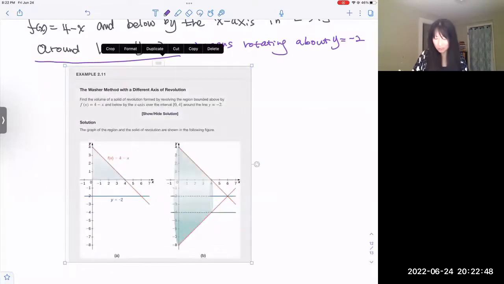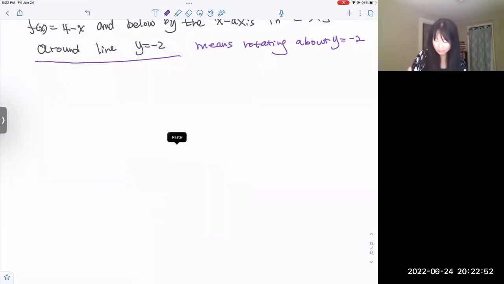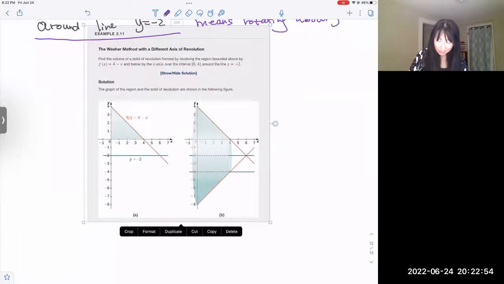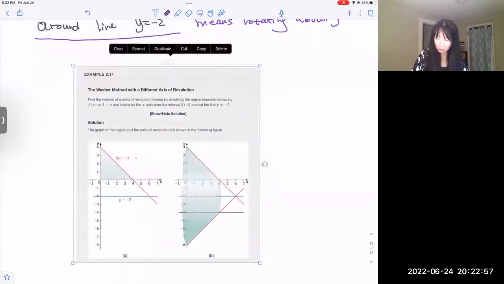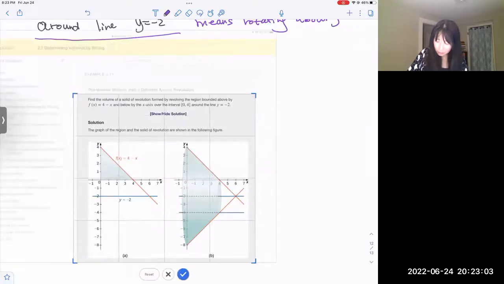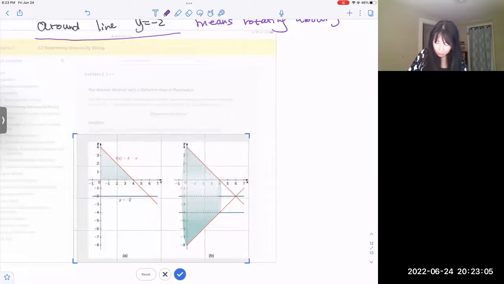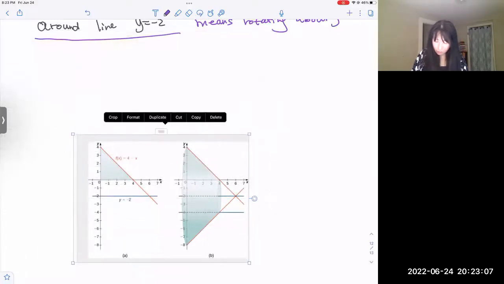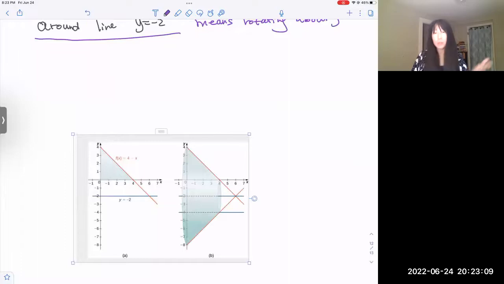Ah, I already made it. Because I did not want to write down, that's why I screenshot everything with a problem. Anyway. Okay, this is the figure we have.